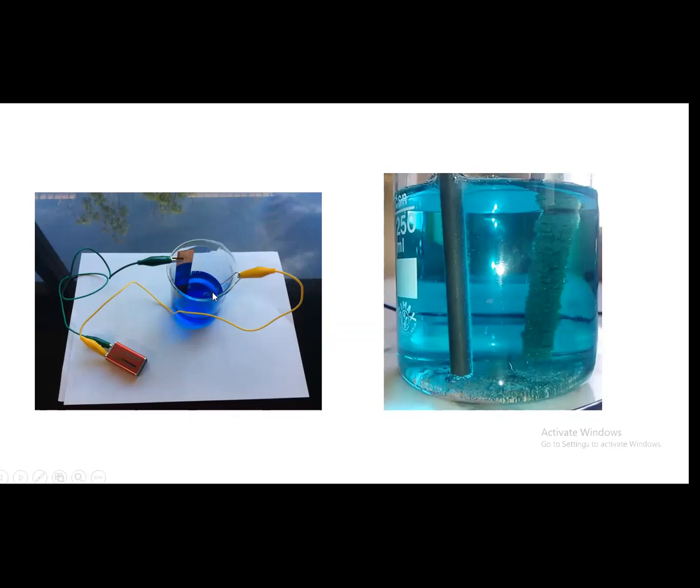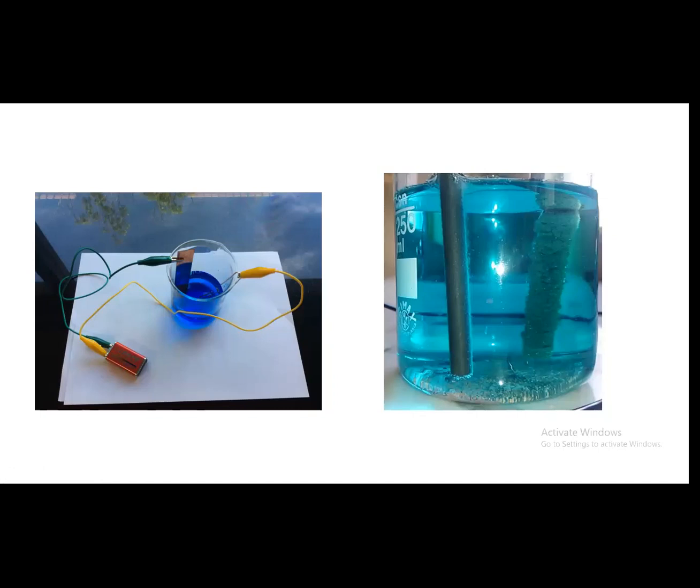On one side we're connecting a nail or a money clip, and on the other side, just take it as a metal. We're putting two metals and connecting them to these little crocodile clips. As soon as we attach the battery, we know that electricity is running through those lines.